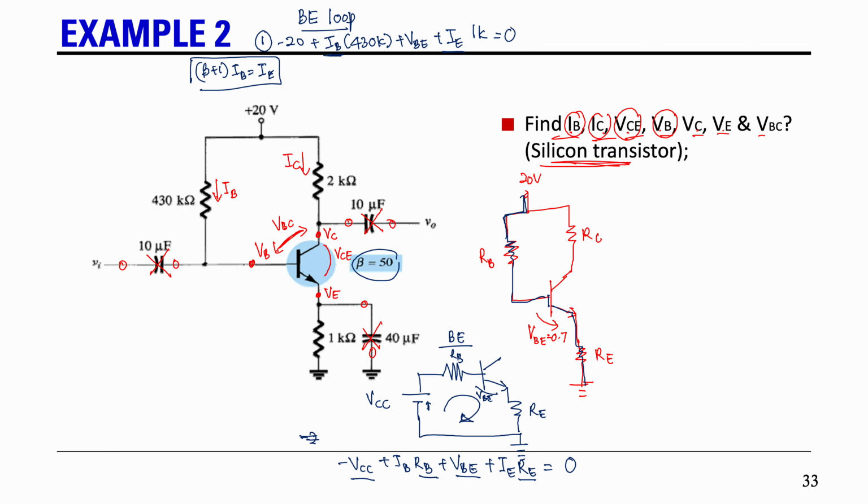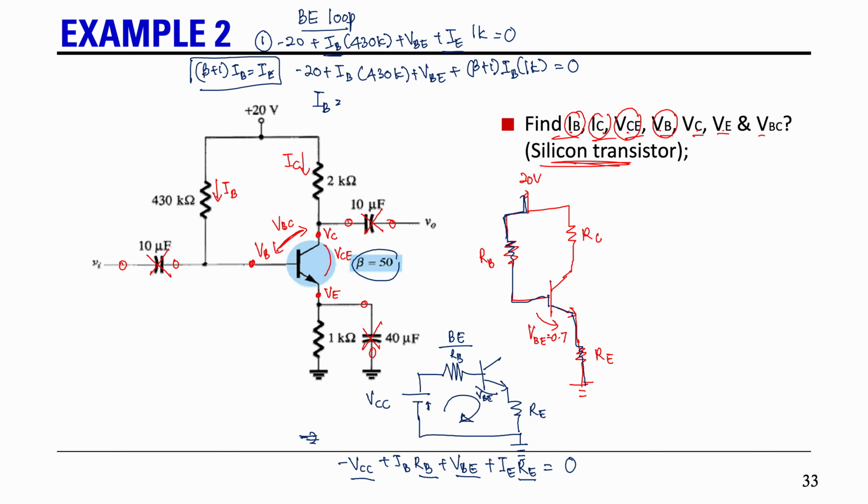So your equation will be negative 20 plus IB times 430K plus VBE plus beta plus 1 times IB times the 1K resistor equals 0. And from here, we can find the value of IB.